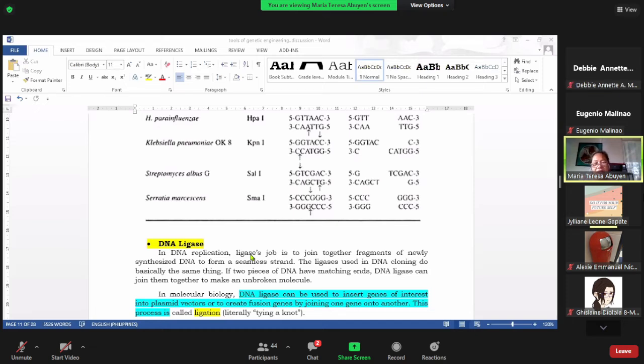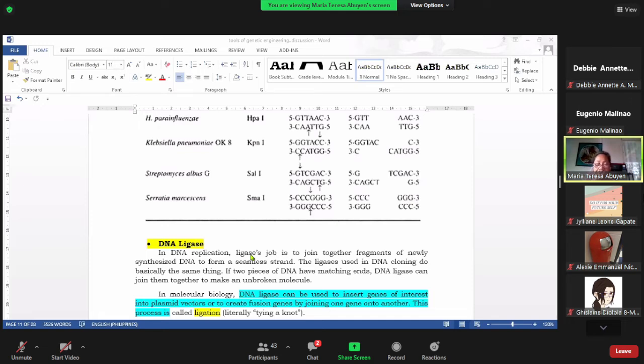The purpose is that the desired gene you take from one cell, you insert into a different cell. It can be the same organism or it can be a different organism. Let's say, for example, you took a gene from a human cell and transfer it to a bacterium.